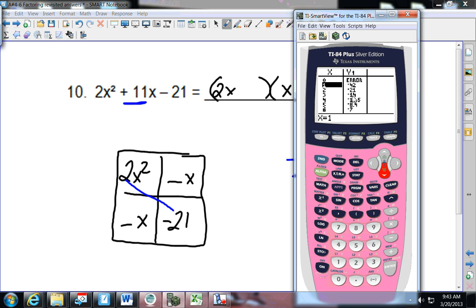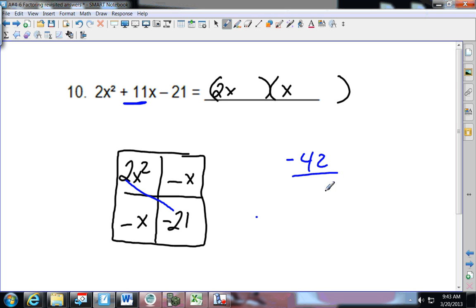Well, if that says negative 11, look at the opposite way. Right here, 3 and 14, that's positive 11. Those are the factors, 3 and 14. Let's see, negative 3 and 14, because when you add those two together, you get positive 11.